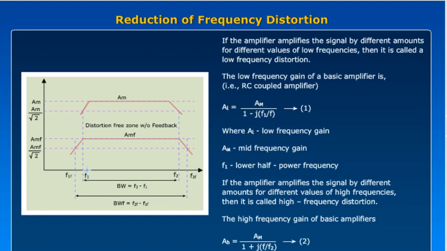Compared with without feedback, with feedback the lower cutoff frequency is decreased, whereas the higher cutoff frequency is increased to F2F. So the bandwidth of the feedback amplifier is increased. As the bandwidth increases, the noise distortion decreases.